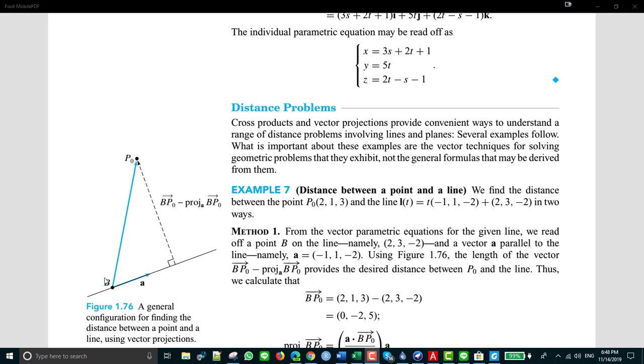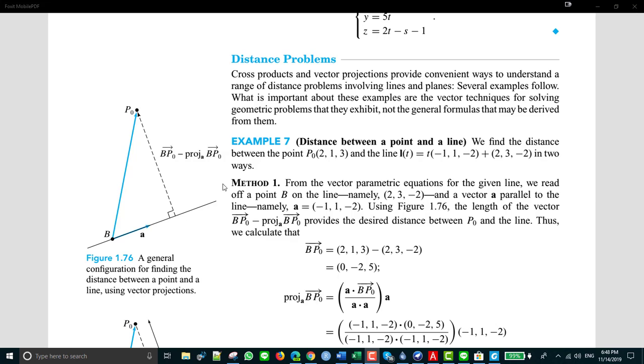We already said that B was here, and we were given P0, so we need to subtract this from this, or the other way around. So we take (2, 1, 3) minus this one, and we get this. So that's BP0. It's this vector.